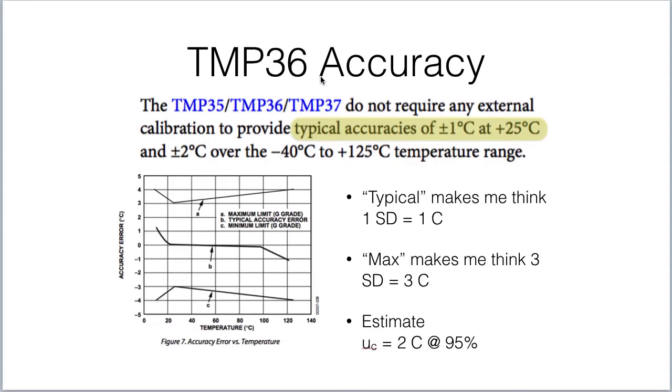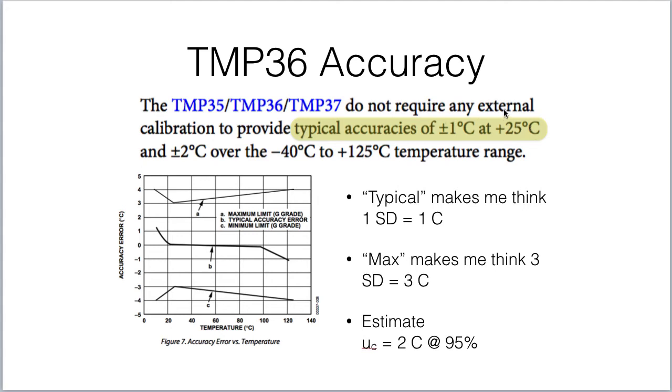But now we go to the data sheet for the TMP36 for its accuracy, and we find this statement: do not require any external calibration to provide typical accuracies of plus or minus 1 degree Celsius at 25 degrees Celsius.